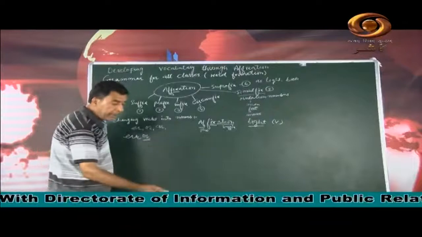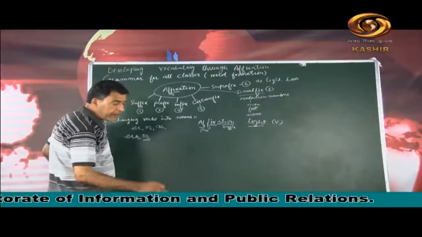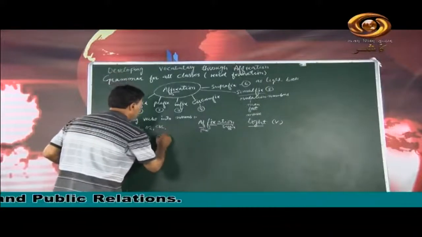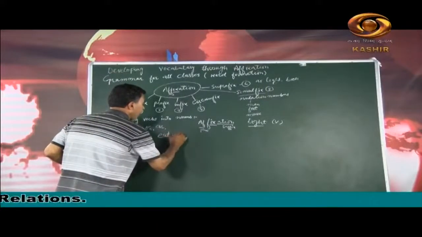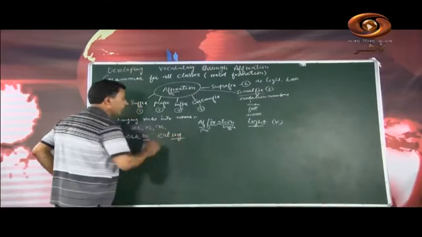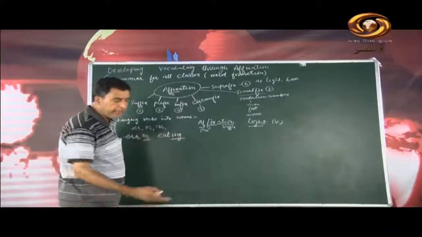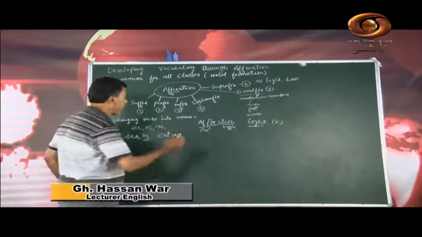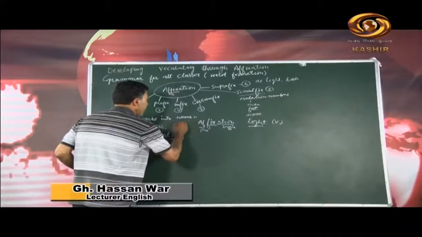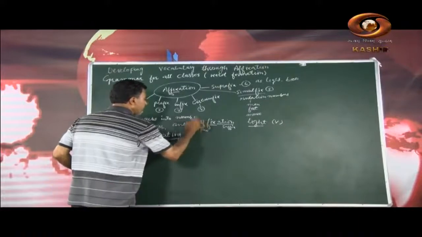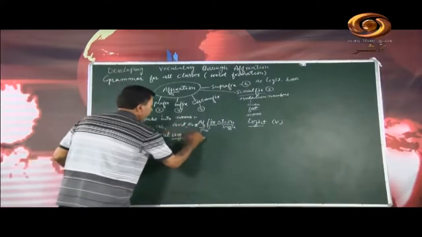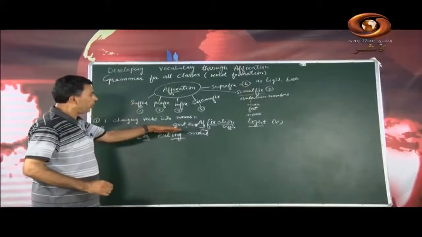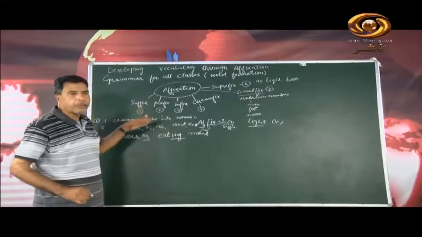Or let me write a word here, eat. If I add ing to it, it becomes eating. Then here is a word, we add ant, ent, for example ment, etc. So these are the suffixes that we add to a root word.